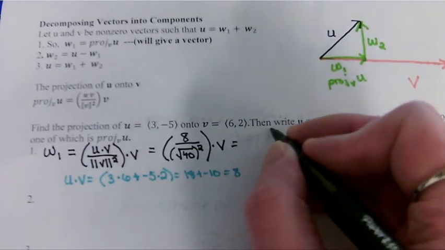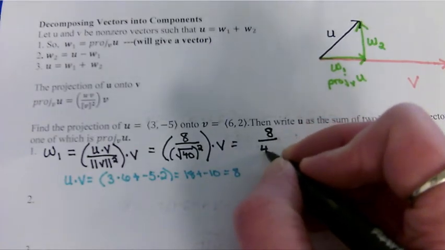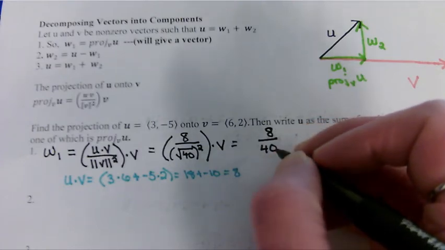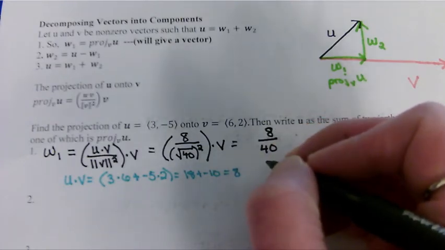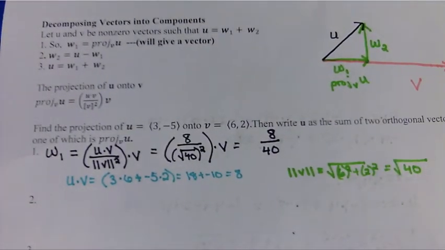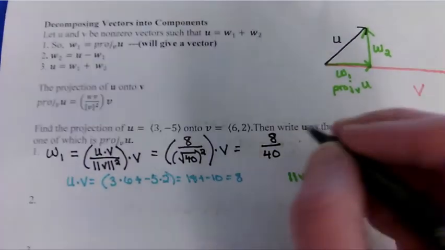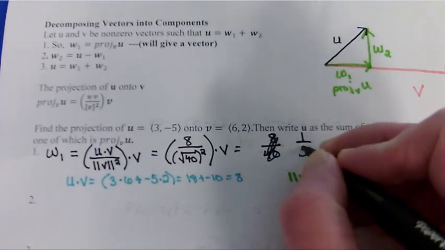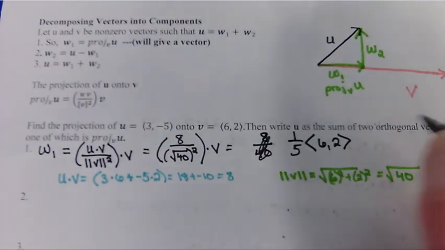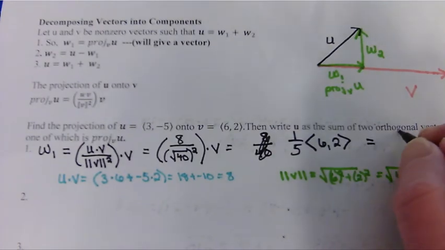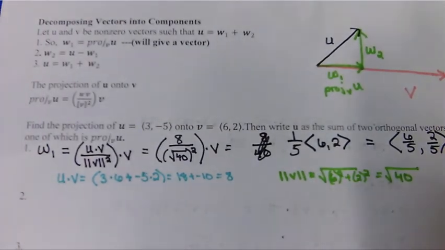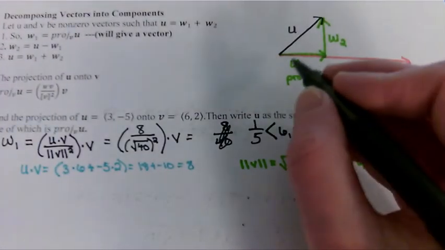So I end up with 8 over 40, which I could reduce to 1/5, right? I'm having one of those mornings. Yes, 1/5. So let's rewrite it as 1/5 times v. And v was this vector. So I end up with a new vector. This is vector w1.